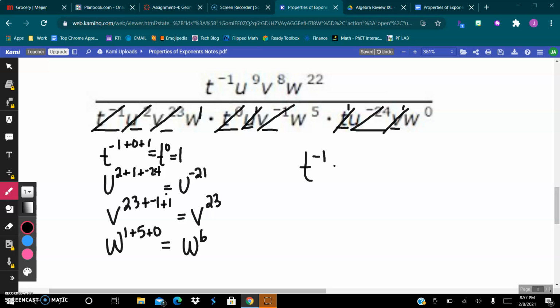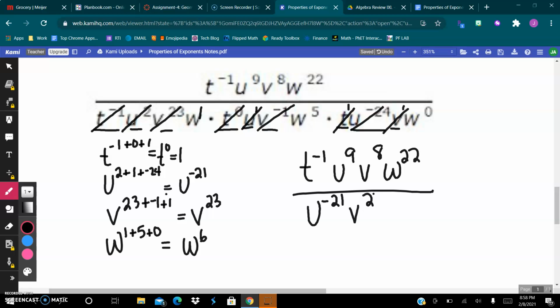We didn't do anything to the top. And then I'm going to rewrite what we have simplified here for the bottom. So the t's canceled out. Remember, that was a 1, so we're not going to write that. And then I have u to the negative 21st, v to the 23rd, and w to the 6th power.